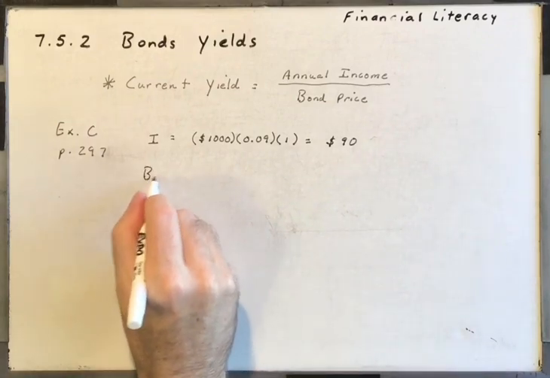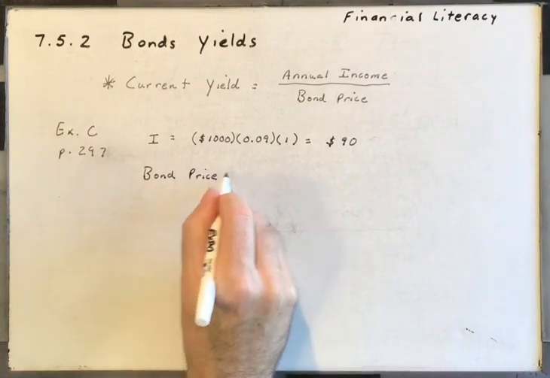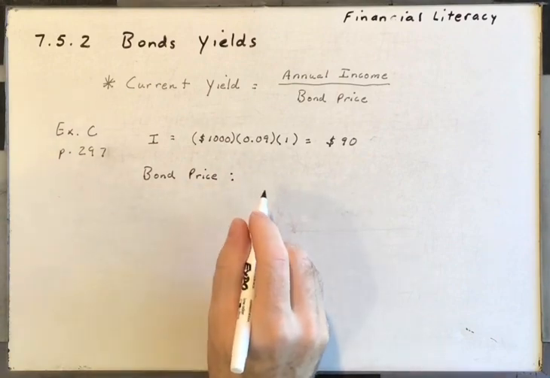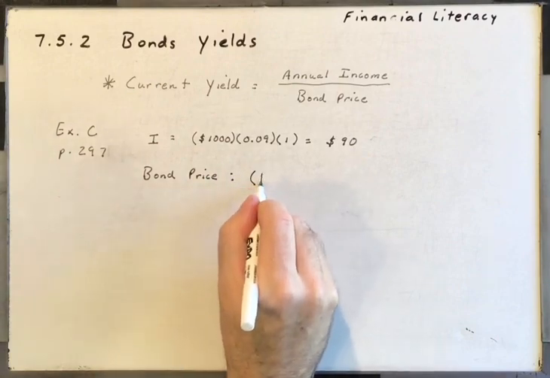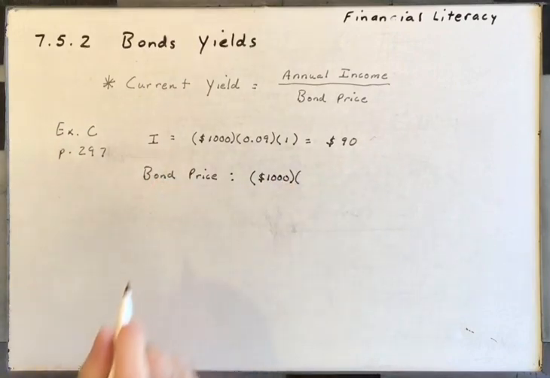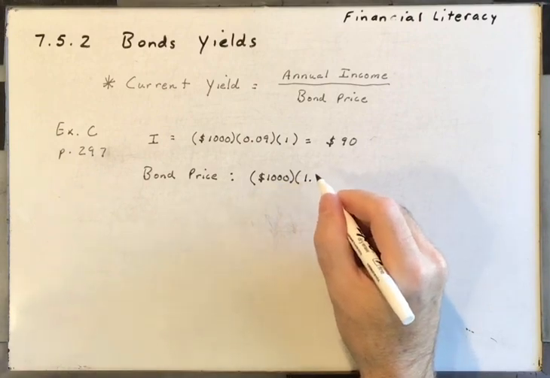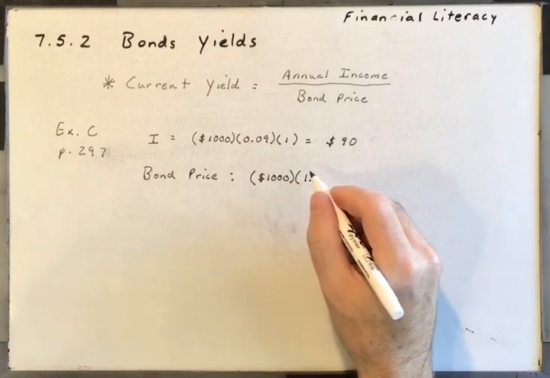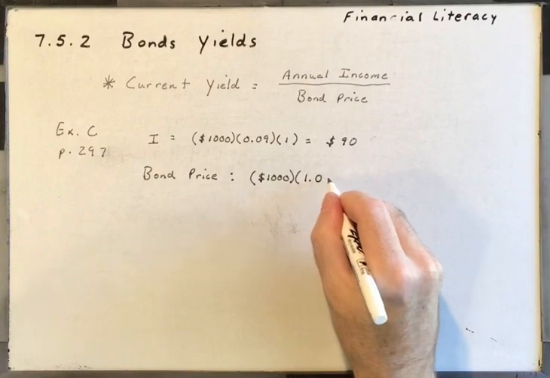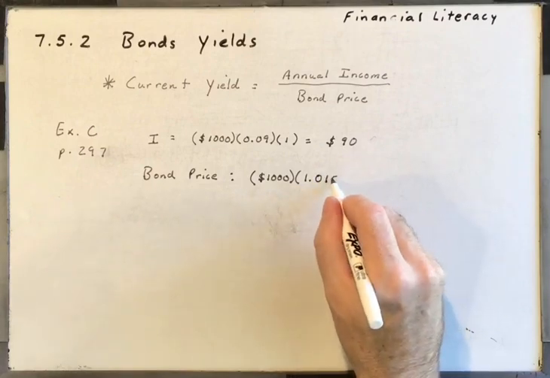The bond price is going to be $1,000. And then, like in section 7.4, you have to change that number to a percent. 101.585, you move the decimal point 2 places to the left, 1.01585.